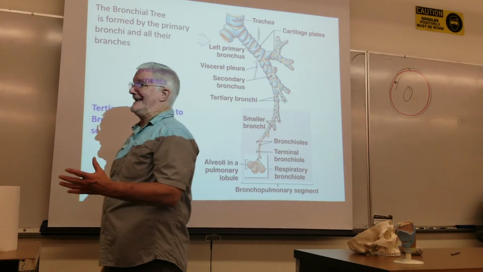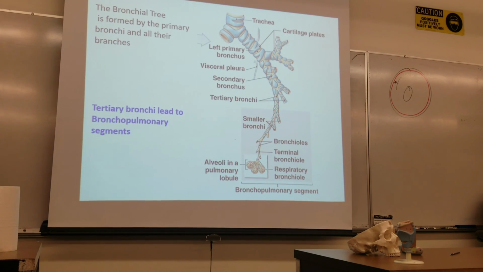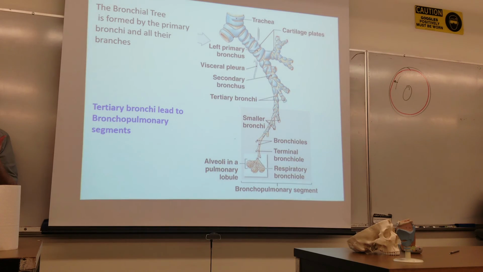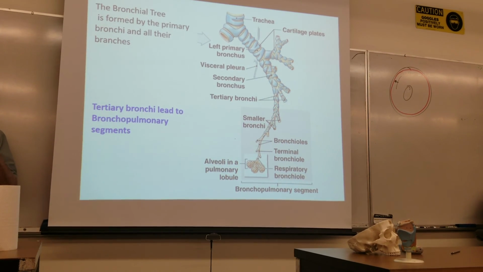Great, thanks, more things to learn. All right, so let's review that for a second. What do primary bronchi lead to? Primaries lead to lungs, right? Secondaries lead to lobes, and tertiaries lead to what are called bronchopulmonary segments, little individual compartments that you're not going to really see in a model.